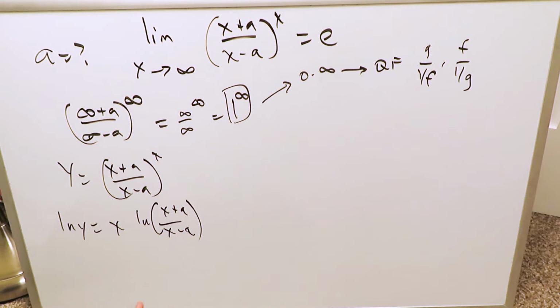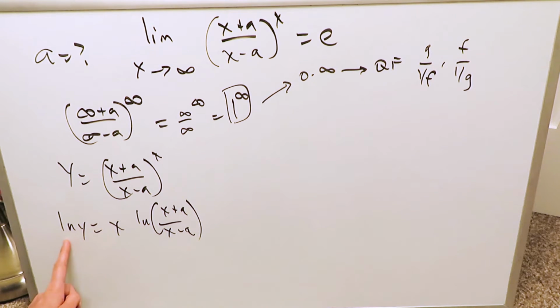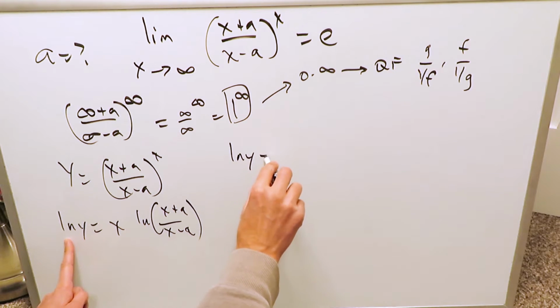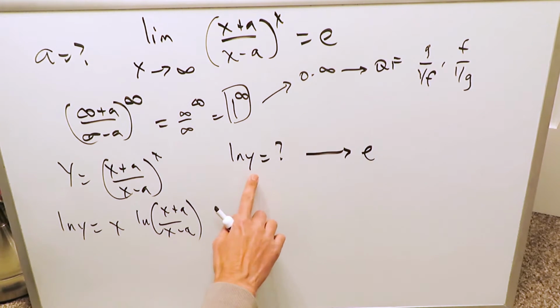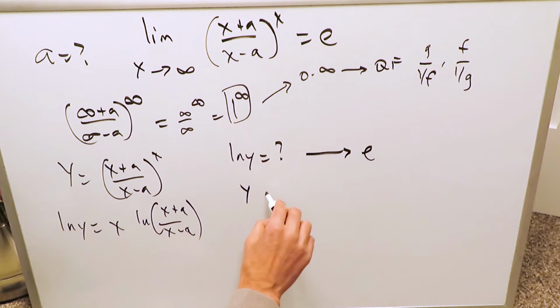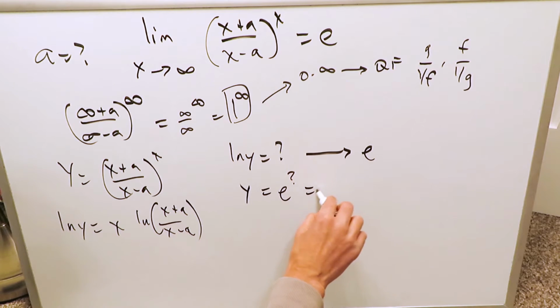To solve for this value of a, you have to make the most important determination at this step. And what is that determination? Well, it's this. You know the end result of this limit evaluation is e, but you also know that natural log y is equal to some value. When you solve for y, you're taking e to the power of this hidden value on one side, and that is equal to e.